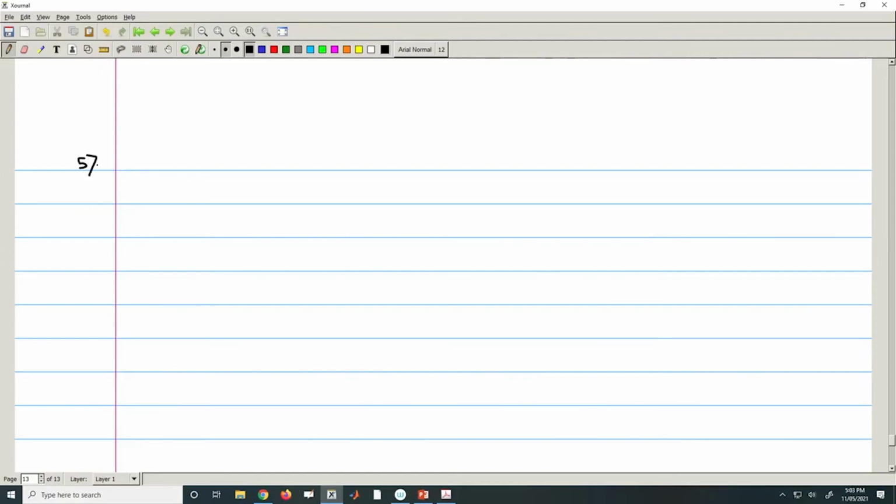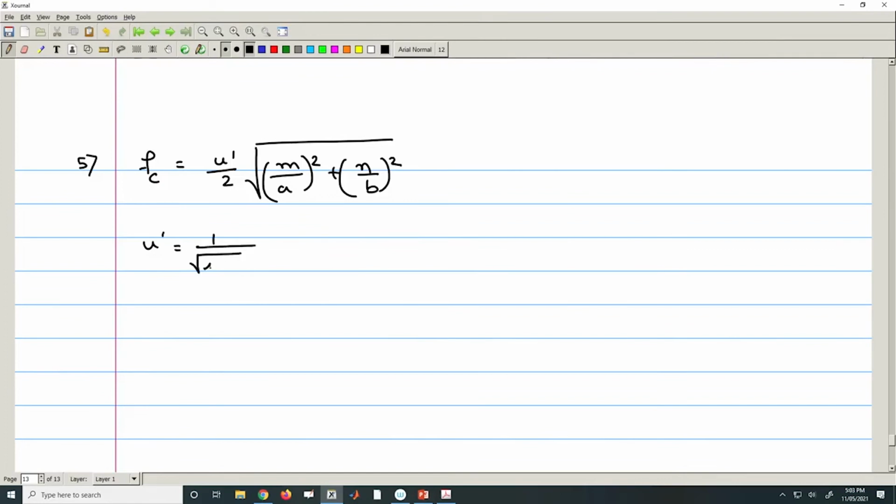Fine. So now again to start with, we will start from the cutoff frequency, that is Fc, which is given as this equation, where u prime is 1 upon root mu epsilon, since this is air filled.